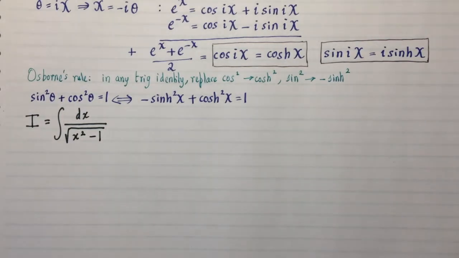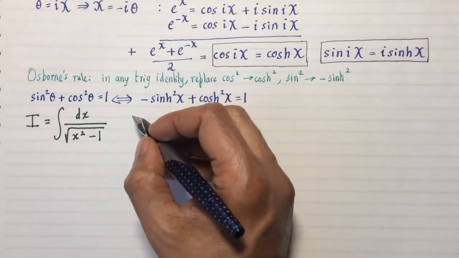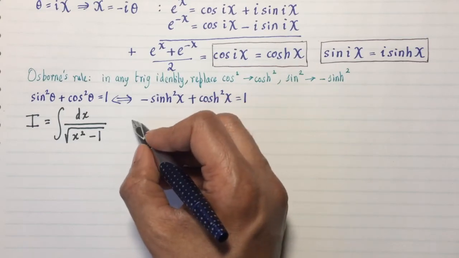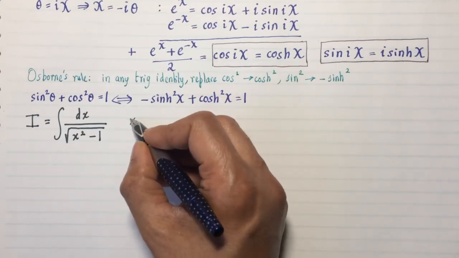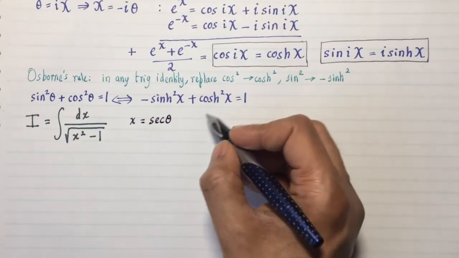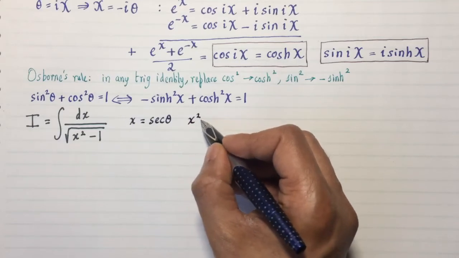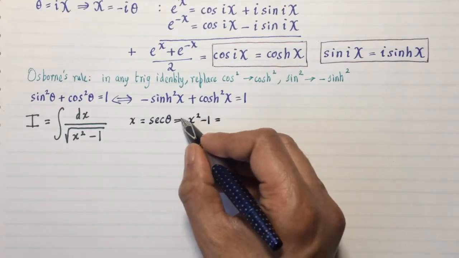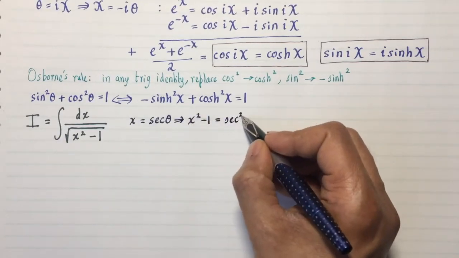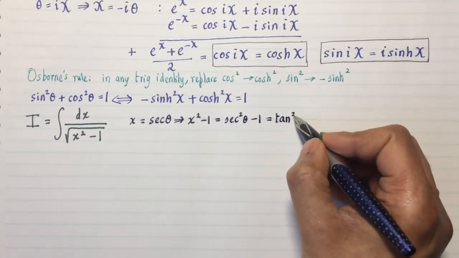There are actually two ways to do this. The first way is what you would normally do in the first course of calculus, which is a trig substitution. The trig substitution you would use in this case would be x equals secant theta. Then you'll notice that x squared minus 1 is the same as secant squared theta minus 1, also known as tan squared theta.